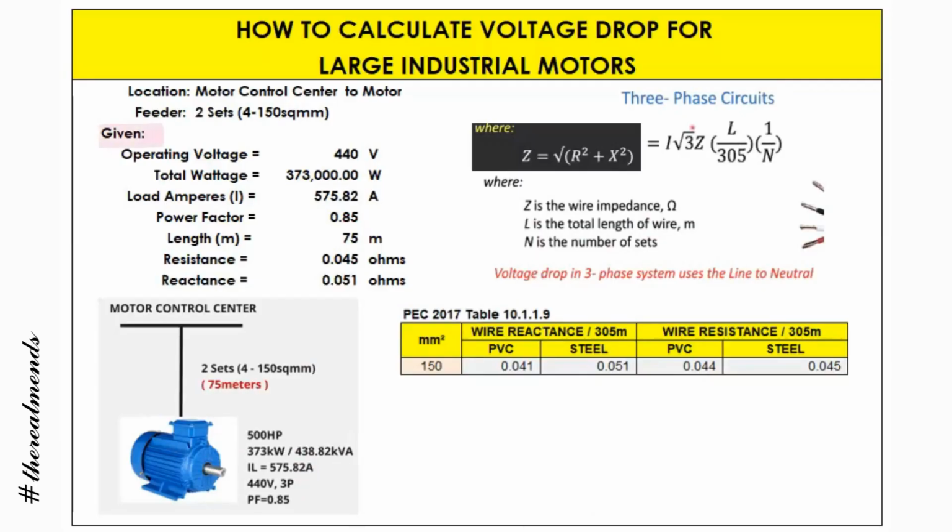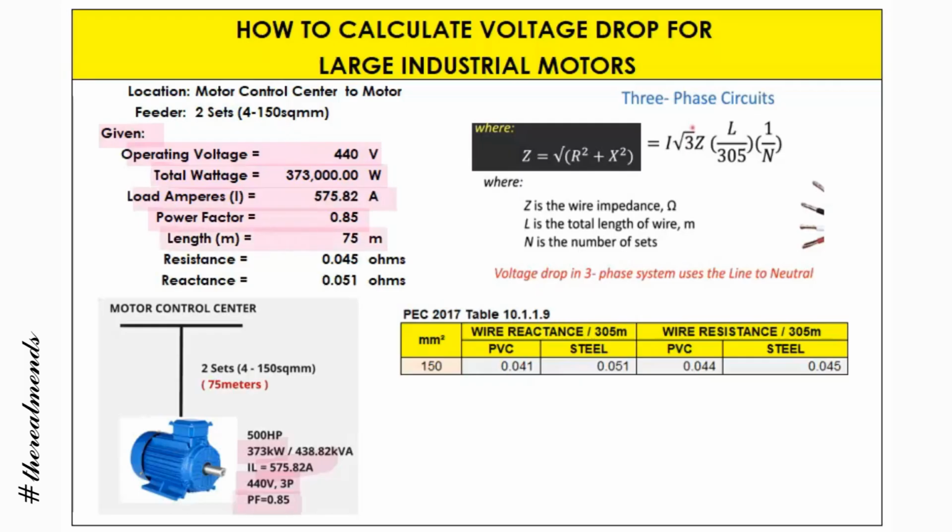Okay, so first is the operating voltage, 440 volts, already given. Also, the total wattage, 373,000 watts, the true power. Also, the load amperes, the line current, that is 575.82 amperes. Power factor, which is 0.85.